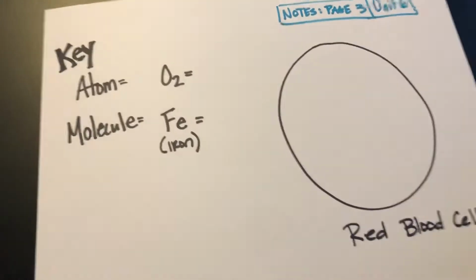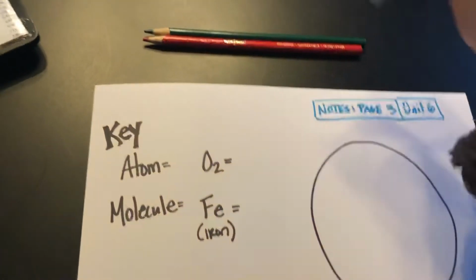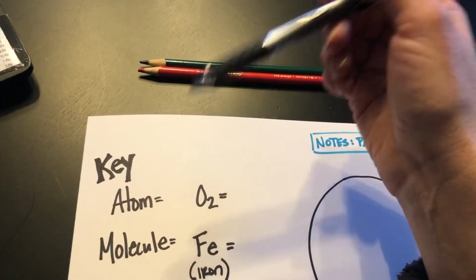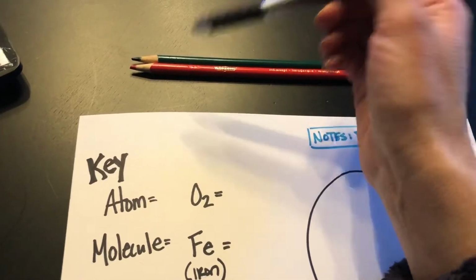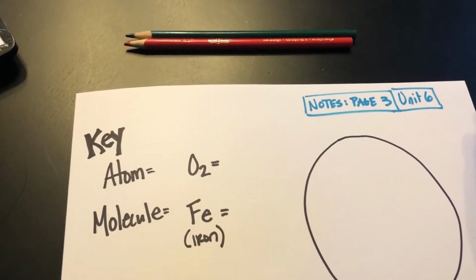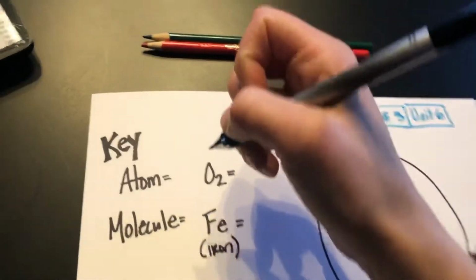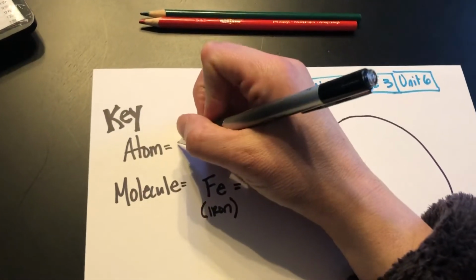So we first have to fill in our key. You're going to need maybe 3 colors. I'm just using my normal black, and then I chose red because anything oxygenated is represented in red on a diagram, and then green will represent iron. So an atom on our diagram, we're just going to make a dot.